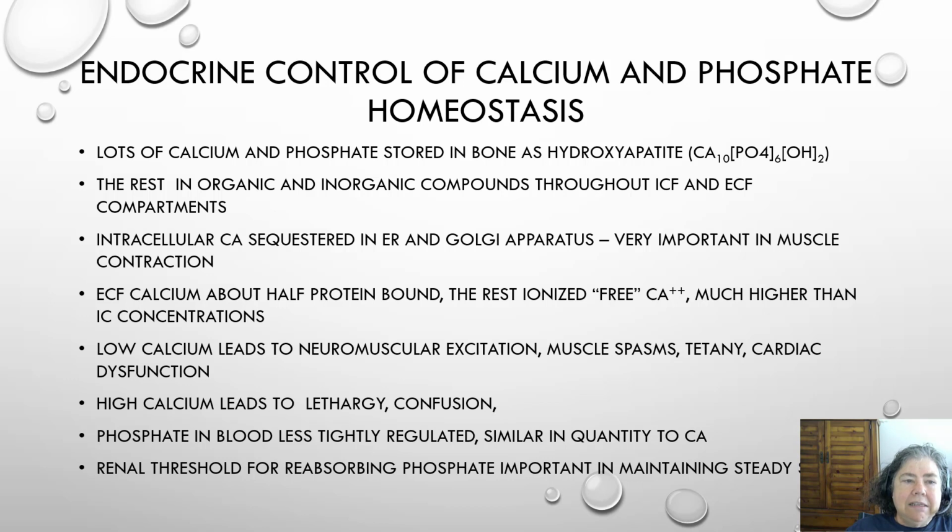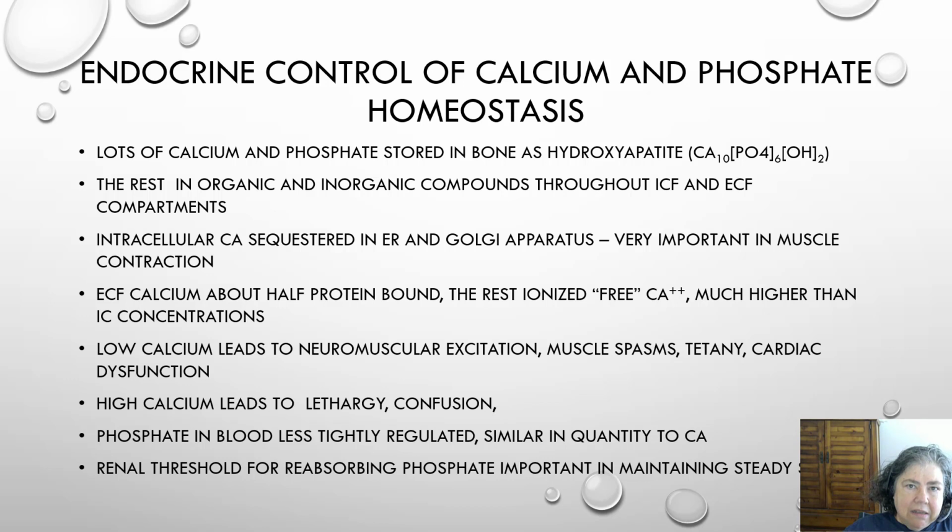There is calcium within the cells, but it's sequestered in the endoplasmic reticulum, in the Golgi apparatus, and in the muscle in the sarcoplasmic reticulum because calcium ions released from the sarcoplasmic reticulum are extremely important in muscle contraction. I believe we talked about that when we were talking about cardiac muscle.